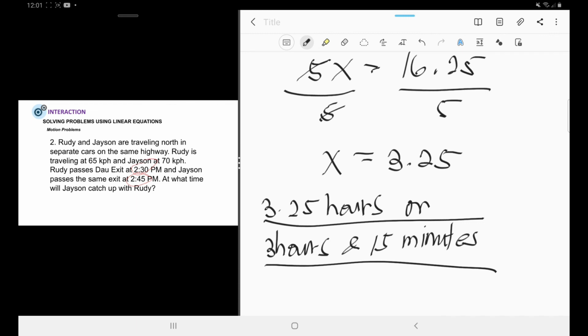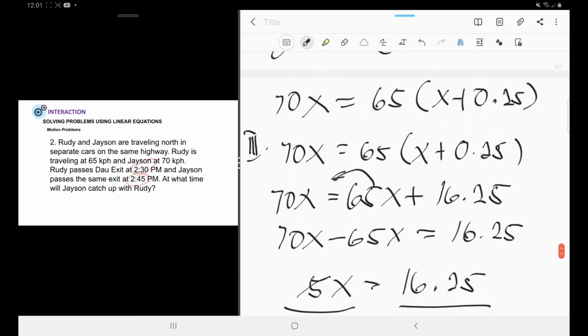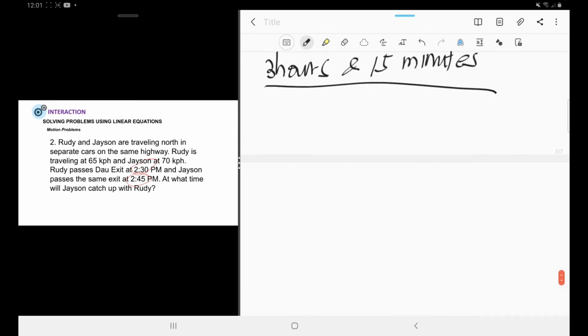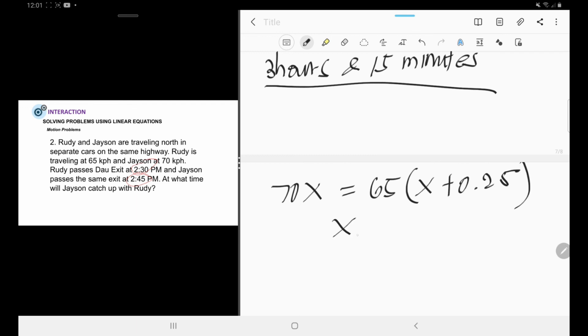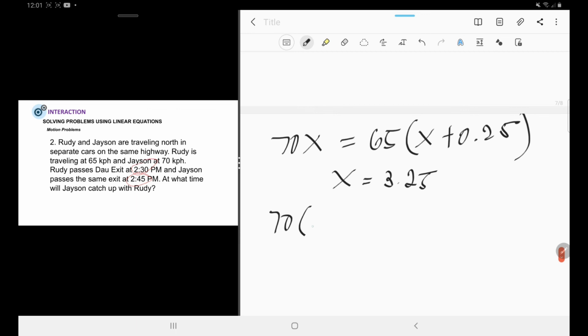Okay, so let's try to check our answer. Our equation a while ago is 70x is equal to 65 times x plus 0.25, where x is equal to 3.25. So this is 70 times 3.25 is equal to 65 times 3.25 plus 0.25.